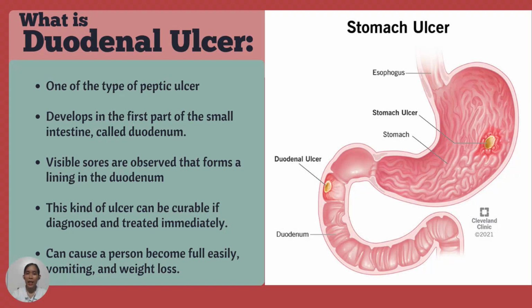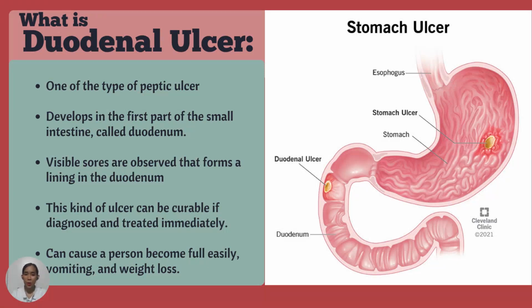As you can see in the picture, the pear-shaped organ is our stomach, and after the stomach is a worm-shaped organ, which is our small intestine. It is labeled here as duodenal ulcer. So basically, duodenal ulcer can be found at the front row of the small intestine.